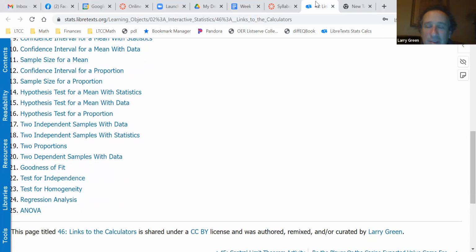Any guess on which one I'm doing? What calculator number? Yep, 24. So you should smile a bit because there's only 25 total, which means we're doing one next week and we're done. Next week we'll do ANOVA, but we're on 24.